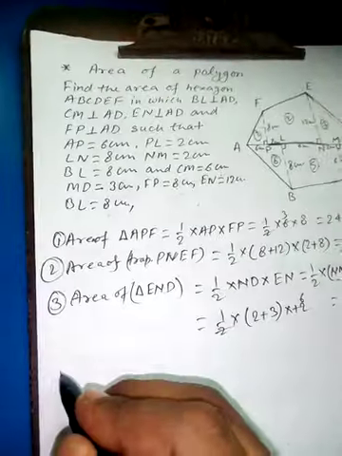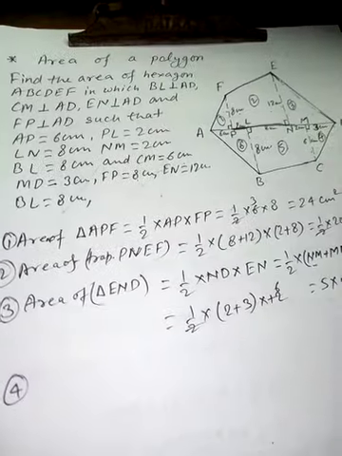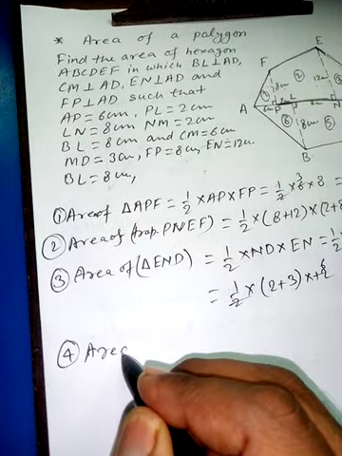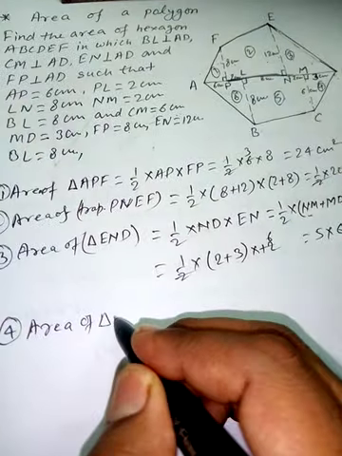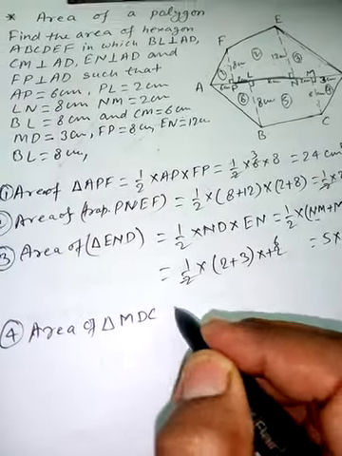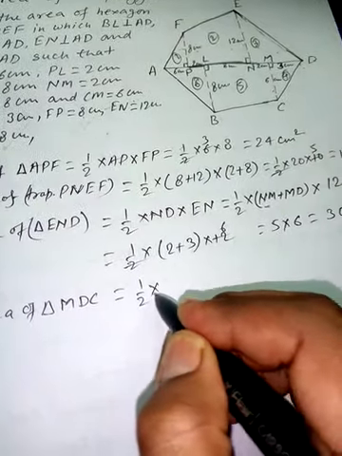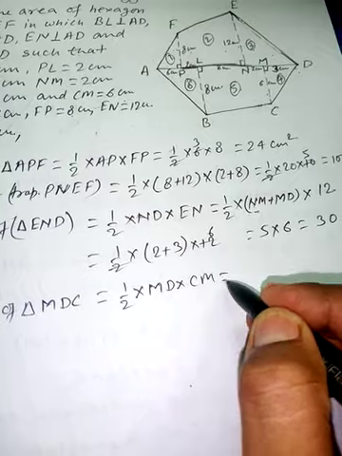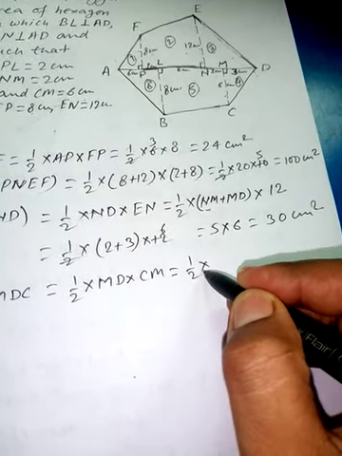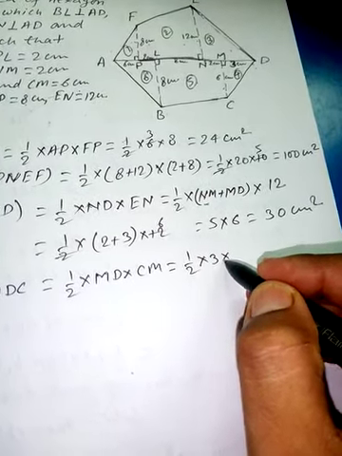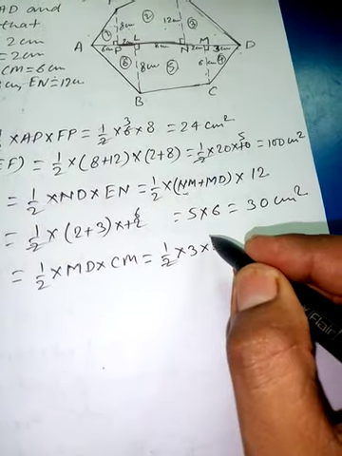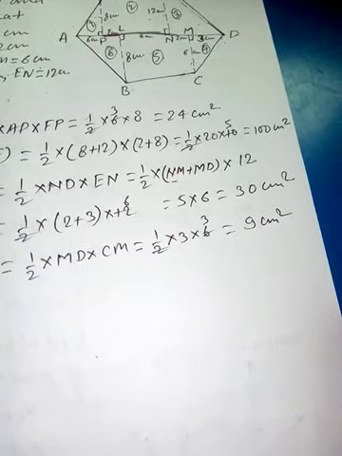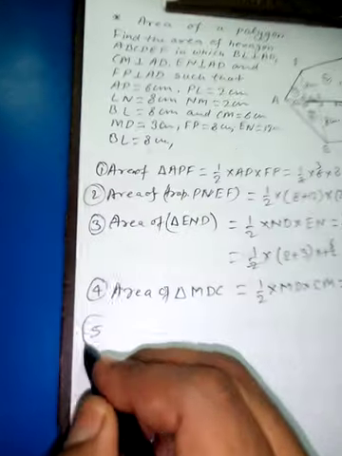Now number 4, area of triangle MDC. 1 by 2, base is MD and height is CM. So 1 by 2 into MD means 3, height is 6, so it will be 9 centimeter square.